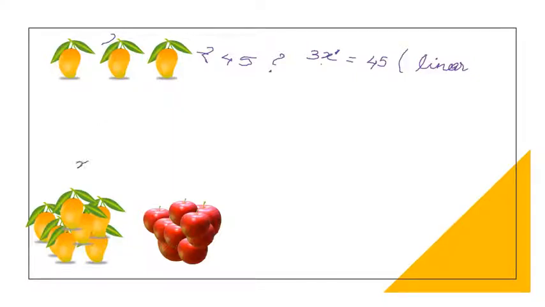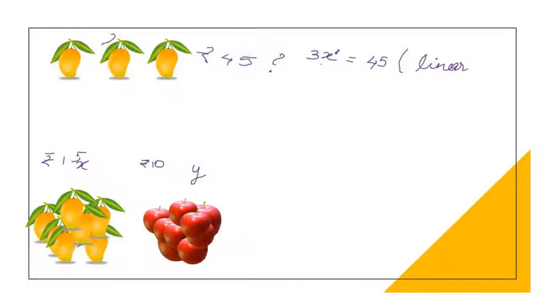I don't know the number of apples either, so I take it as y apples. For one mango, think that I have to pay rupees 15, and for one apple, I have to pay rupees 10. The total amount I am paying is rupees 160.